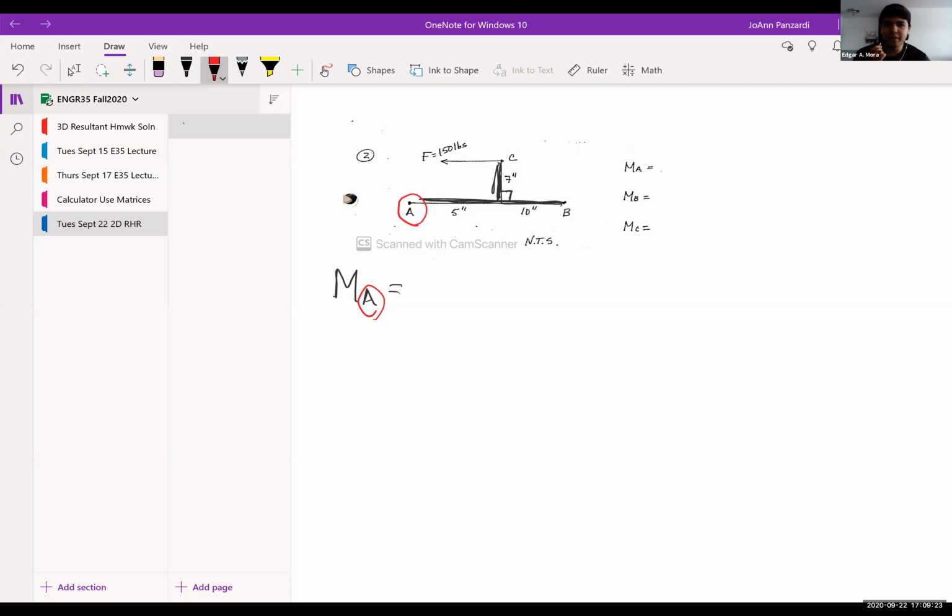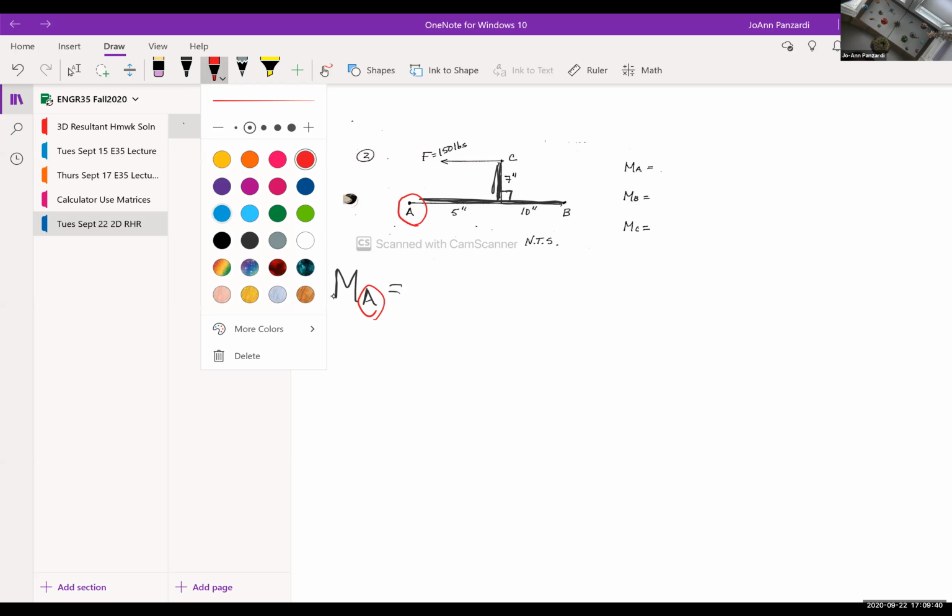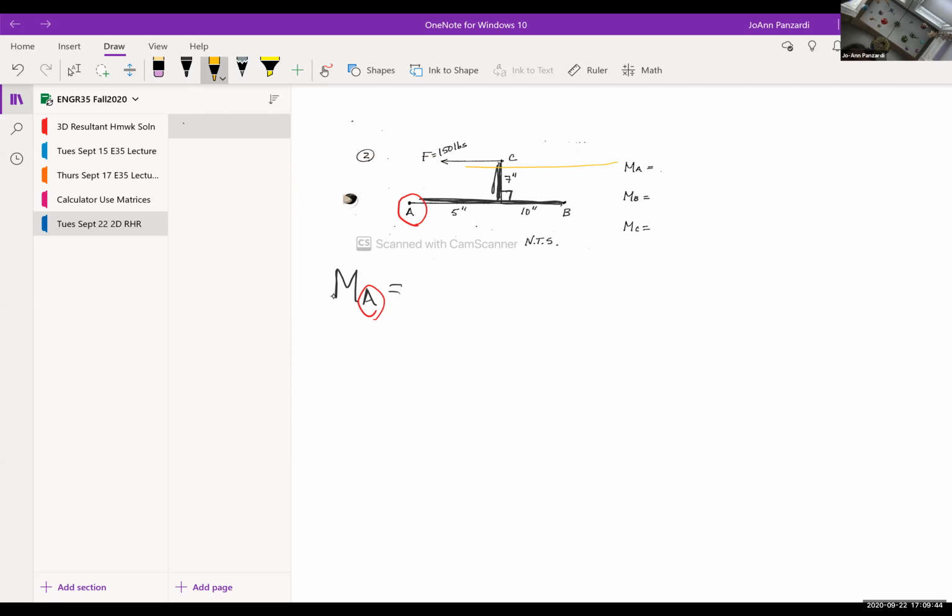Well, the lever arm A and F are parallel to each other. So AB, you're correct. Line AB is parallel to the force. But do you see a perpendicular distance between F and A? Let me help by doing this. This is my force, right?